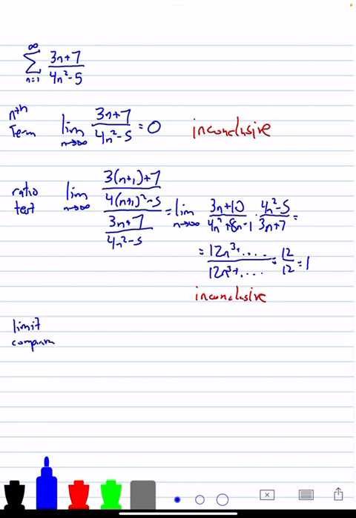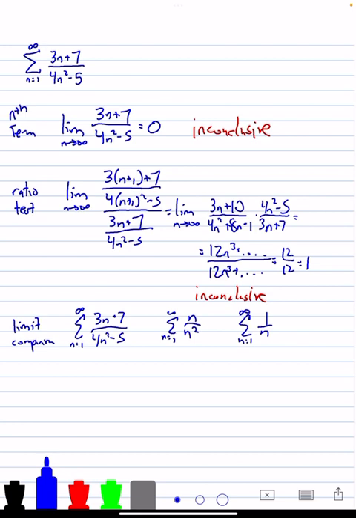All right. So now with the limit comparison test, we have 3n plus 7. And remember, we just have to look at the first term. And we're going to compare this to n over n squared. We're taking the highest degree of n, which breaks down to 1 over n.